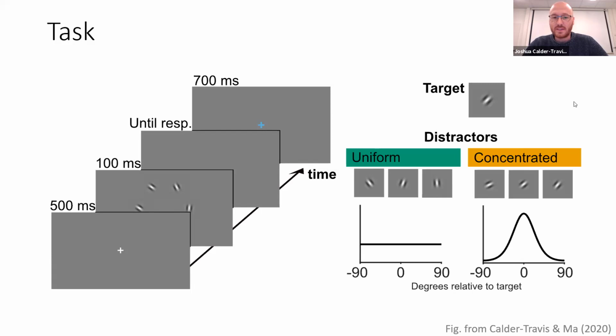In the concentrated condition, distractors were drawn from a distribution that was centered on the target orientation, so they were more likely to have an orientation similar to the target orientation. In each block of trials, the distractors were either drawn from the uniform distribution or the concentrated distribution, and participants were always told which distribution was being used for that block.